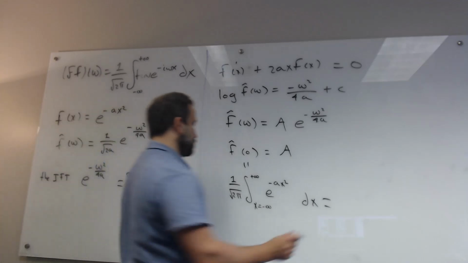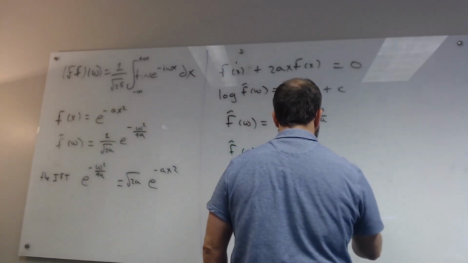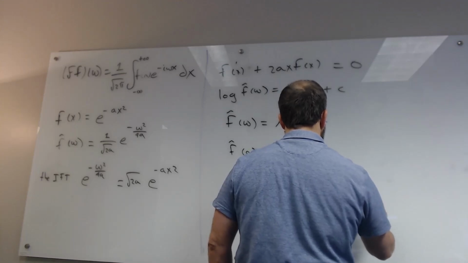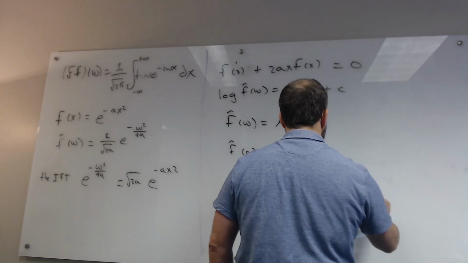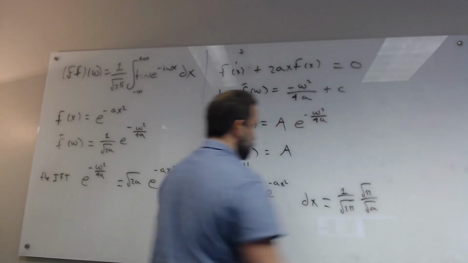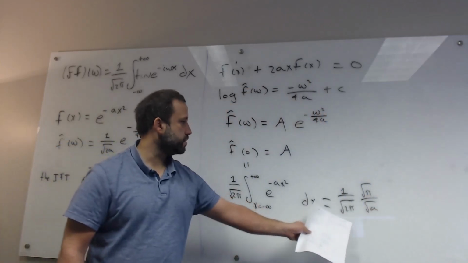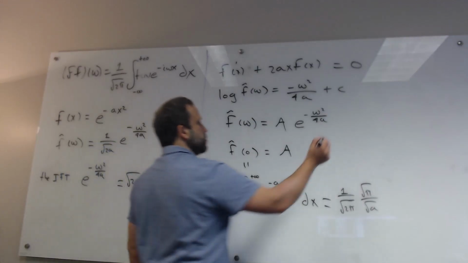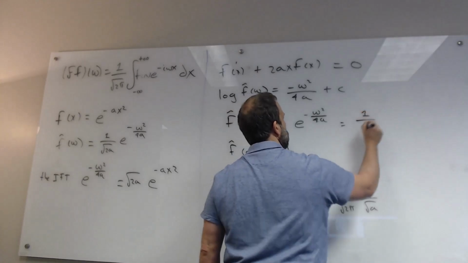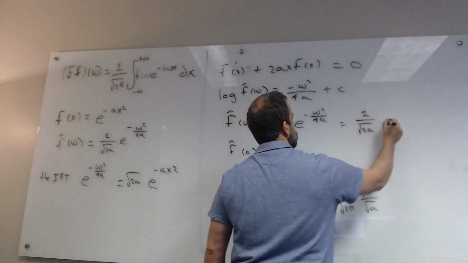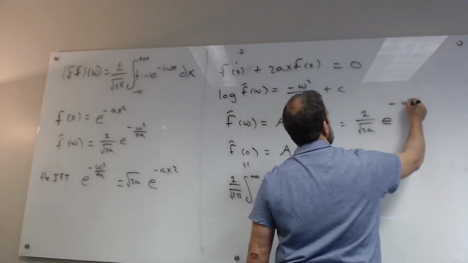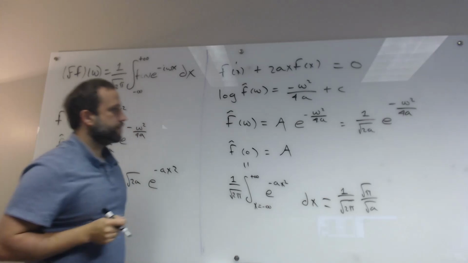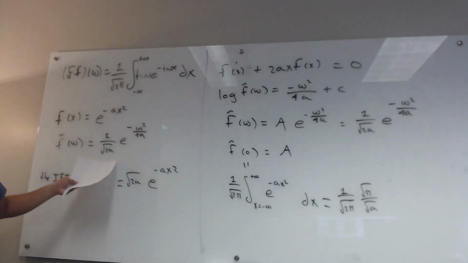So this is equal to 1 over the square root of 2 pi times the square root of pi over the square root of a. The pi's cancel again, and we have 1 over the square root of 2a. And so this is equal to 1 over the square root of 2a times e to the minus omega squared over 4a. And that is exactly what we got over here.